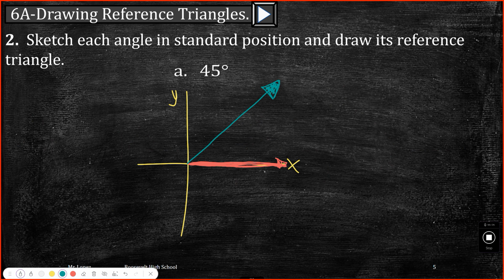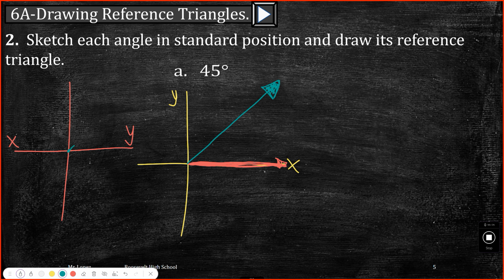Now it says to sketch each angle. Okay, I've done that in standard position. Draw its reference triangle. Here we go. Look, here's where people mess up when you do reference triangles. On the side, you could go ahead and draw another XY axis.